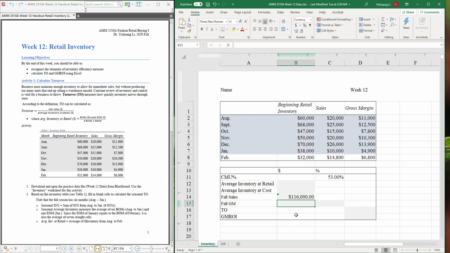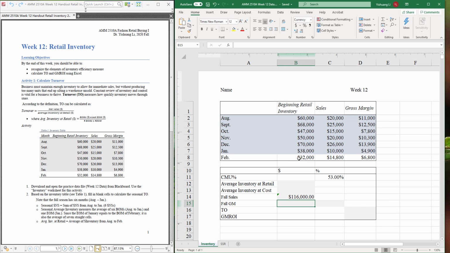And the second number we need is the average inventory. To calculate the inventory, what we need is all the numbers of BOM, beginning of the month, and also we need the last month's EOM, which equals the beginning of month's inventory of the following month.